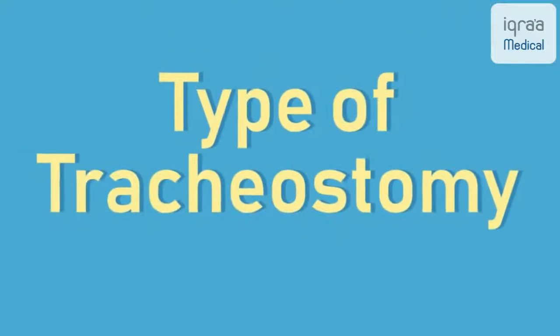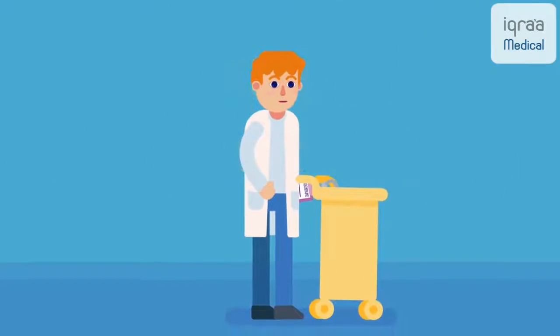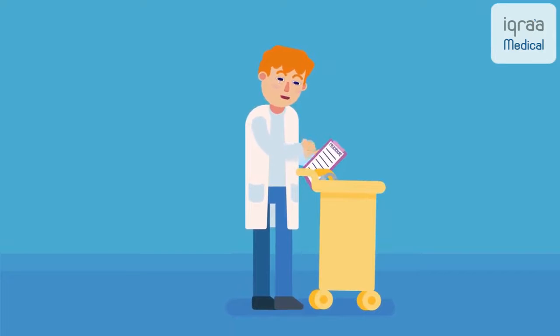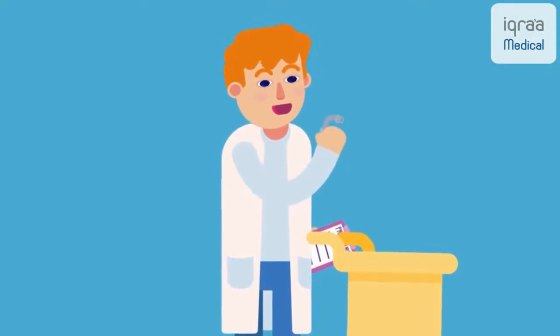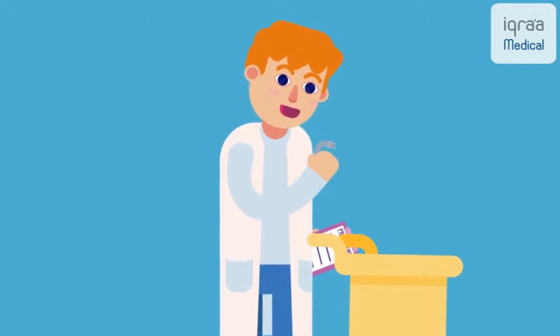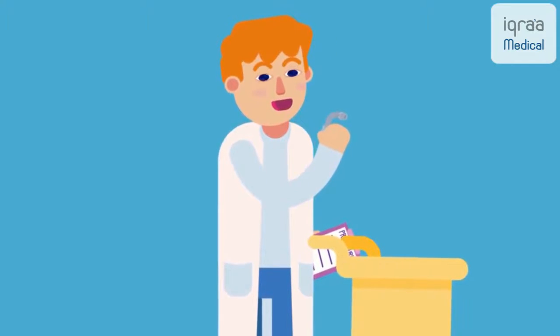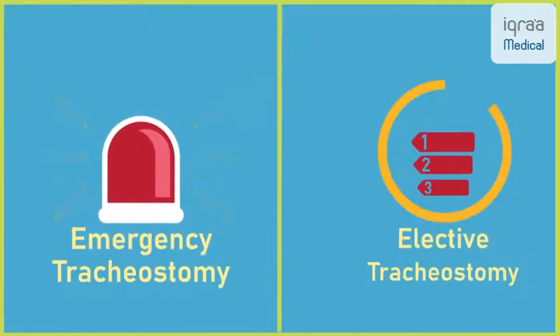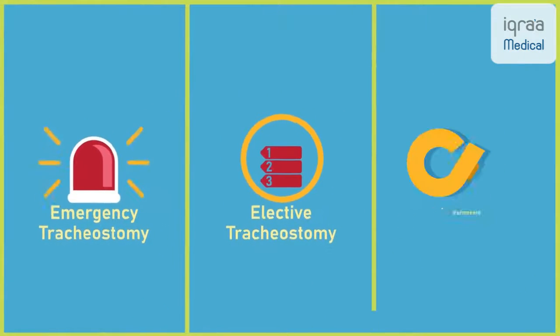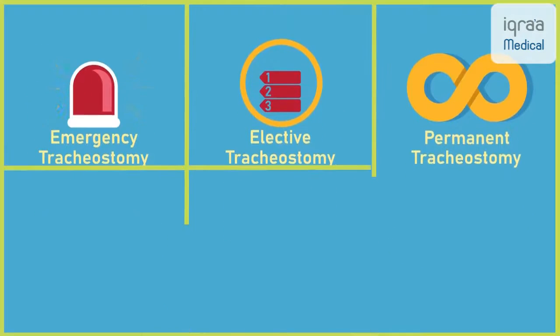Type of tracheostomy. There are various types of tracheostomy procedures, depending on the circumstances of the patient and the treatment intent. Similarly, there are various types of tracheostomy tubes, each with specific functions. The common types of tracheostomy procedures are 1. Emergency tracheostomy, 2. Elective tracheostomy, 3. Permanent tracheostomy, 4.